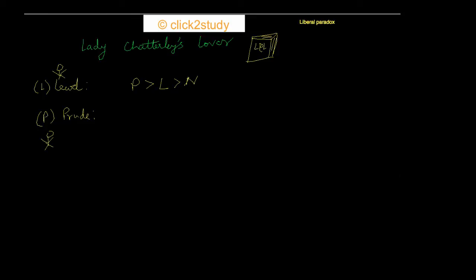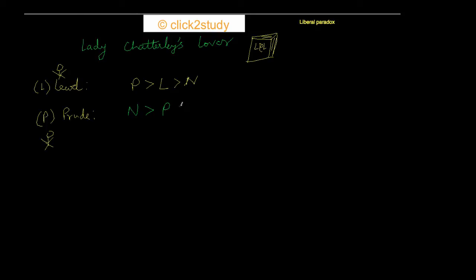That's Lewd. But what about Prude? Prude thinks that this book is so indecent, so unethical, immoral, and so vulgar that nobody should read it. That's his first preference. And if anyone has to read it, it should be him instead of Lewd, because he thinks he's very sane, very intelligent, and he holds the beacon of morality.